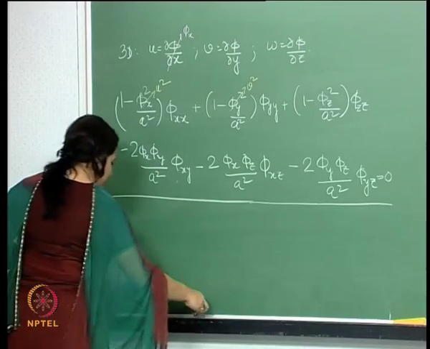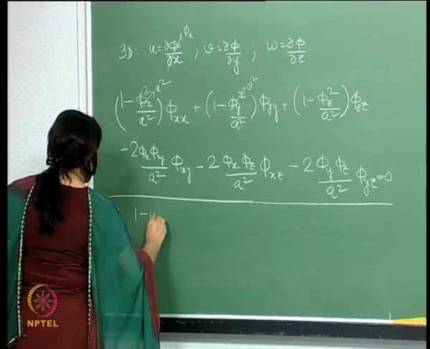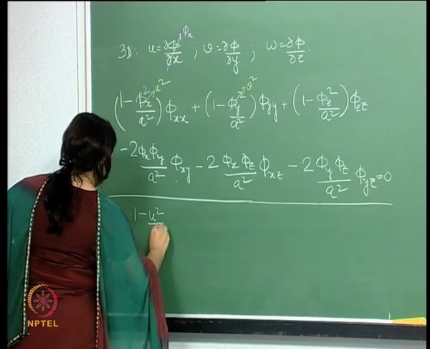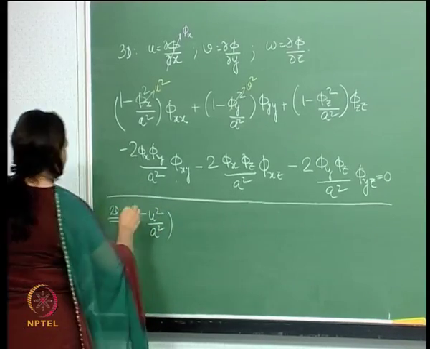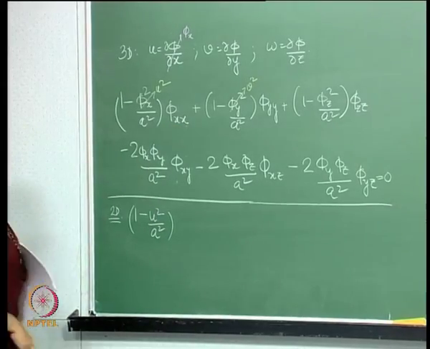If I write this out in 2D, we have u square by a square. Phi xx is del u del x, isn't it?